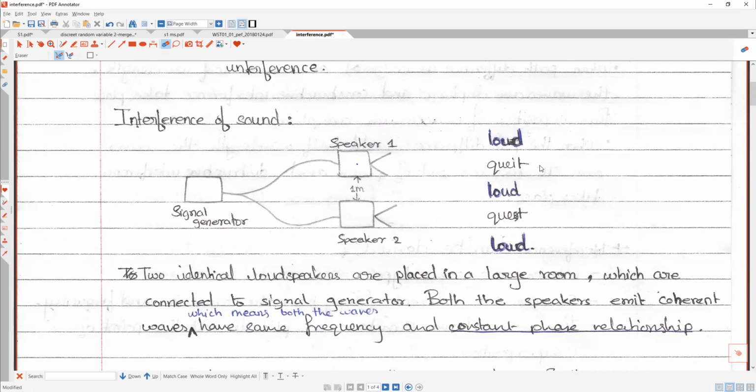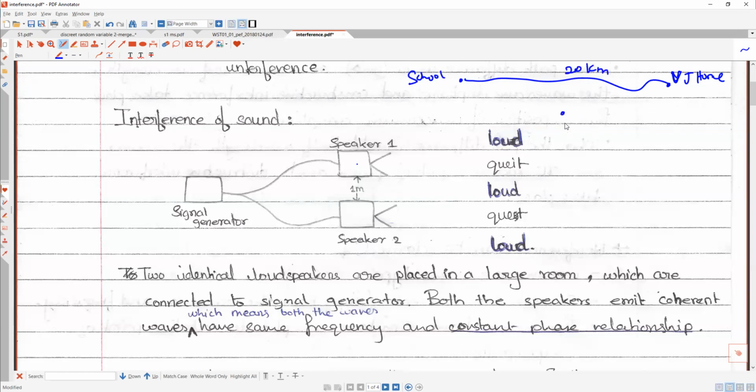Before explaining path difference, let me explain the idea of difference for you. For example, let's say this is my home and I'm going towards the school, and it is 20 kilometers.